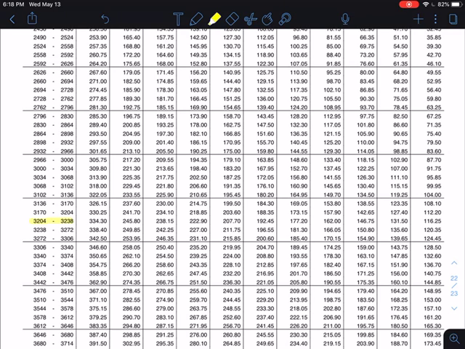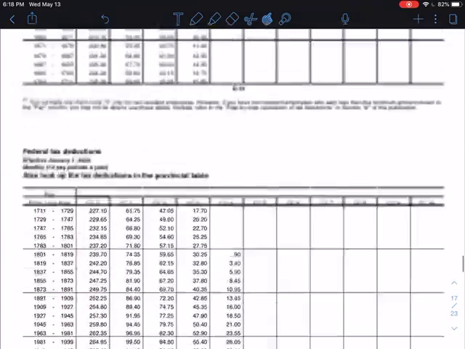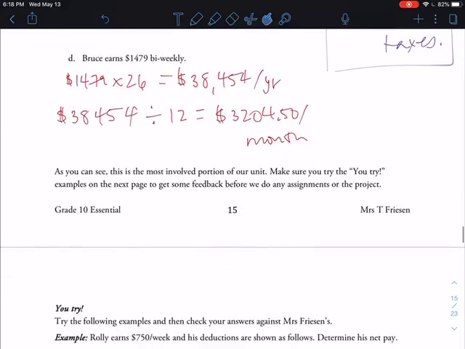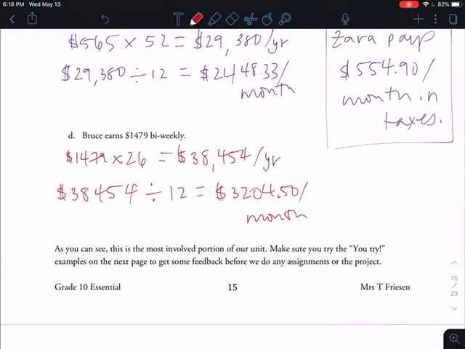So we're going to add that much, $334.30, to get our total amount, and we can go write our final sentence. Oh, here. So Bruce pays $767.40 each month.